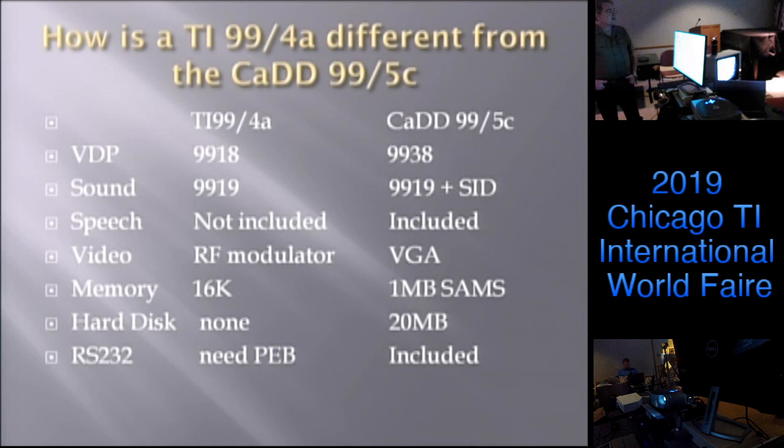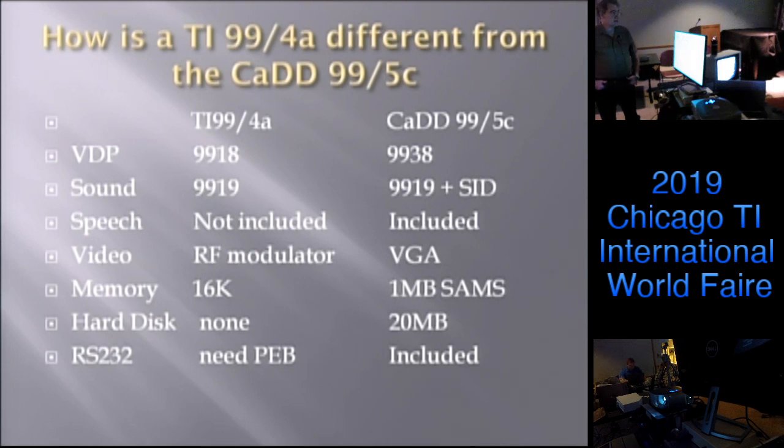So how is the 99/4A different from the 99/5C? The VDP on the 9900 was a 9918, replaced with a V9938. Sound, the 9919, which wasn't really a 9919, it was an SN something, replaced with the 9919 and the SID.